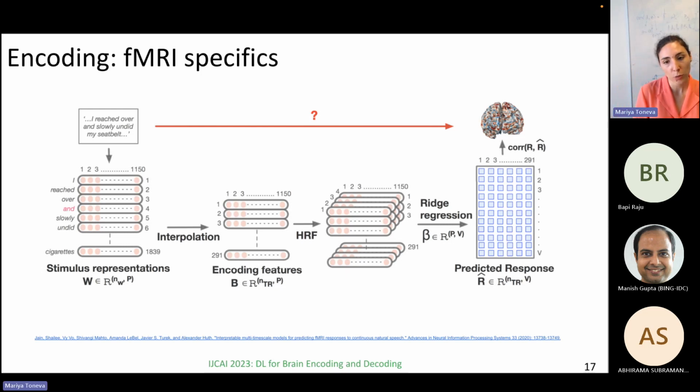But that actually assumes this canonical shape for all of the different volume pixels in the brain. But there's actually work that shows that different regions in the brain might exhibit different hemodynamic response functions.